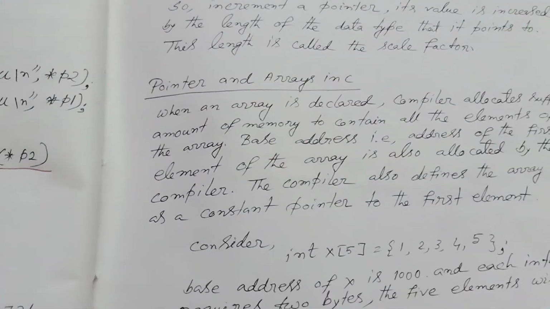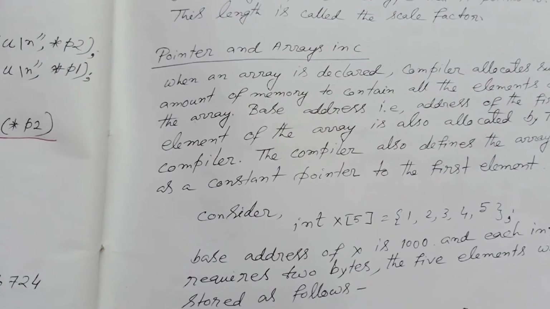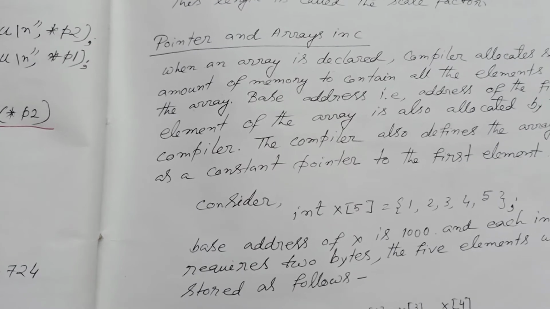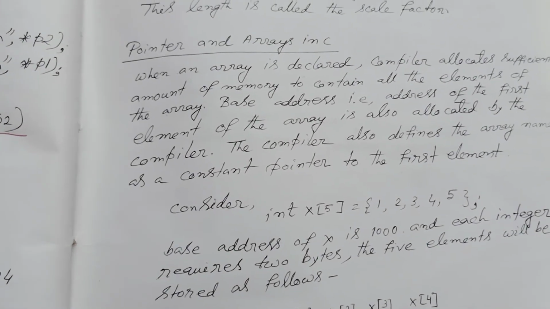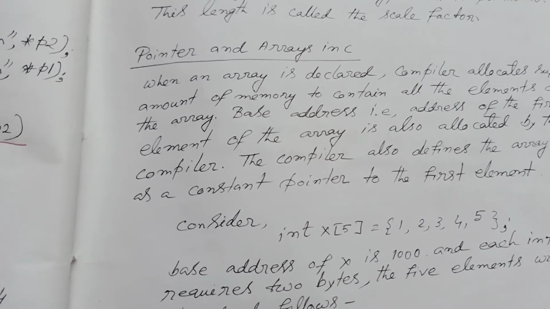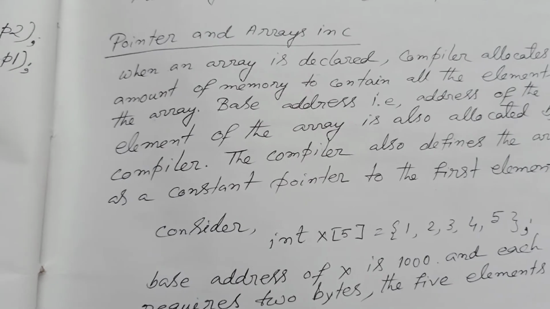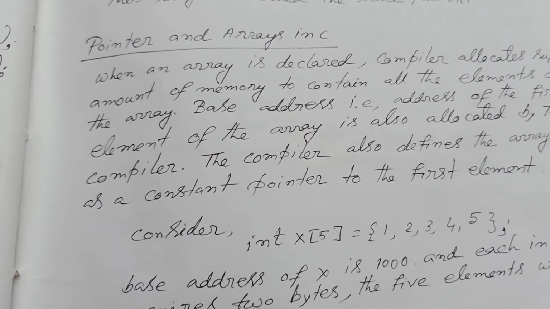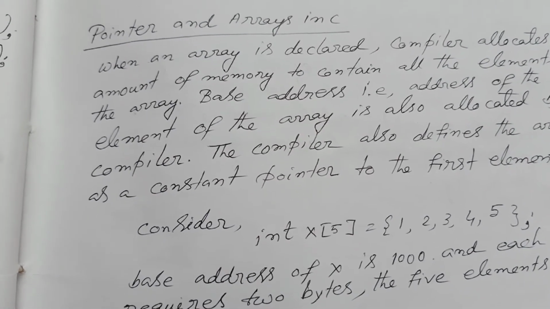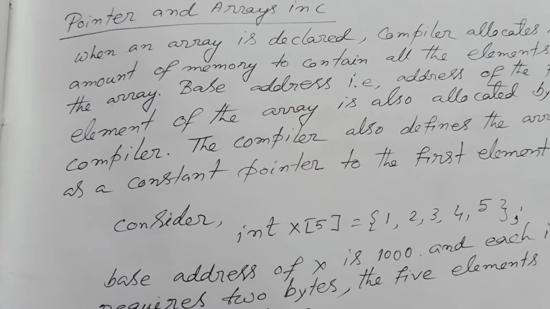Next, pointer and array in C. When an array is declared, the compiler allocates a sufficient amount of memory to contain all the elements of the array. The base address, that is the address of the first element of the array, is also allocated by the compiler.